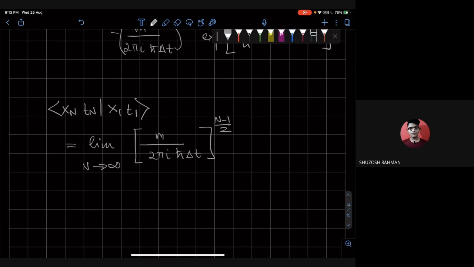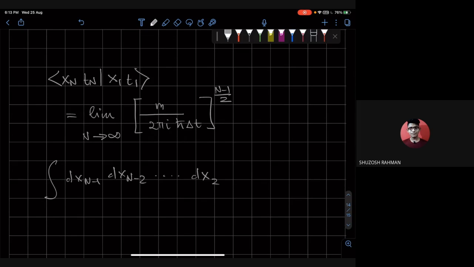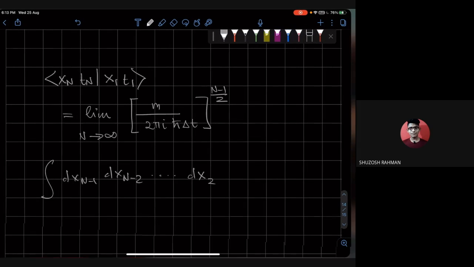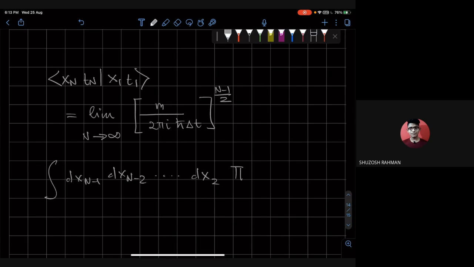And then we have an integral measure, which is dx n minus 1, dx n minus 2, dot dot dot, dx 2. Yeah, it's 2. And then we have a product over small n from 0 to n, exponential of i by h bar S n, n minus 1.